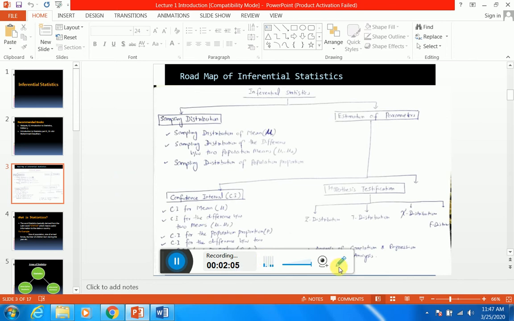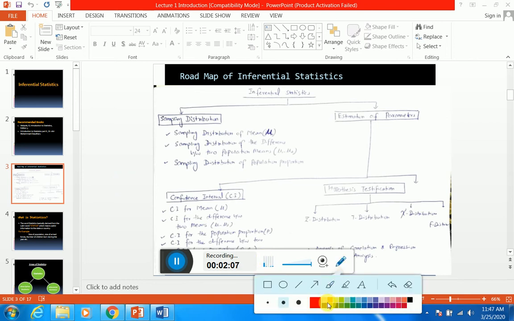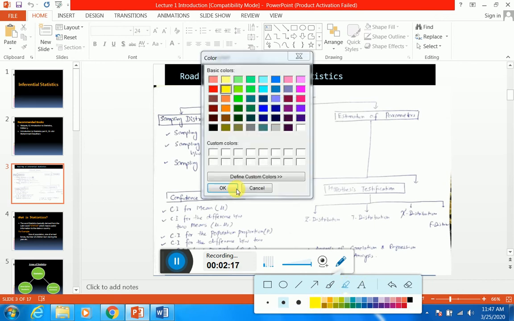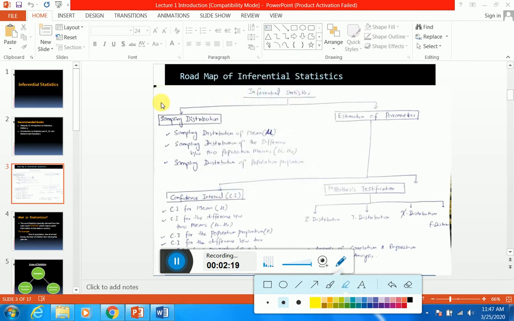The first section, look here, is known as sampling distribution.